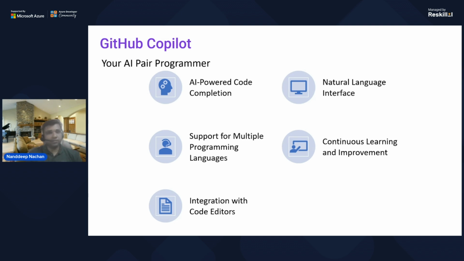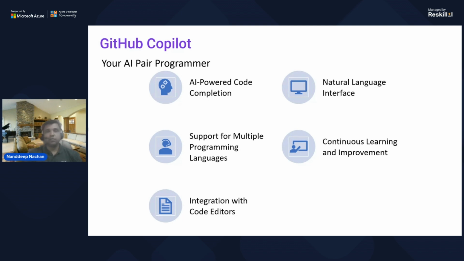In the background it uses machine learning models trained on a vast amount of code from open source repositories. GitHub Copilot can understand the context of the code being written and generate accurate suggestions for completing it. These suggestions can range from entire lines of code to function signatures, variable names, and many more things.